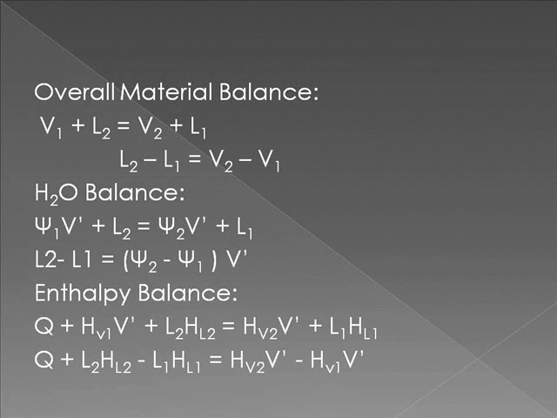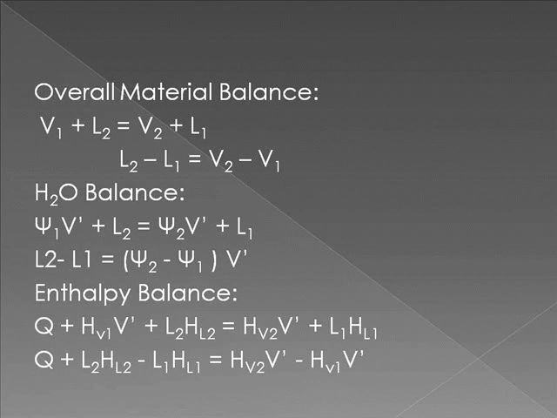Now let us consider the differential slab having a differential area dA, which is the transfer area associated with the differential tower height dZ. Coming in from the top, we have L plus DL and HL plus DHL, and leaving at the bottom, we have L and HL.